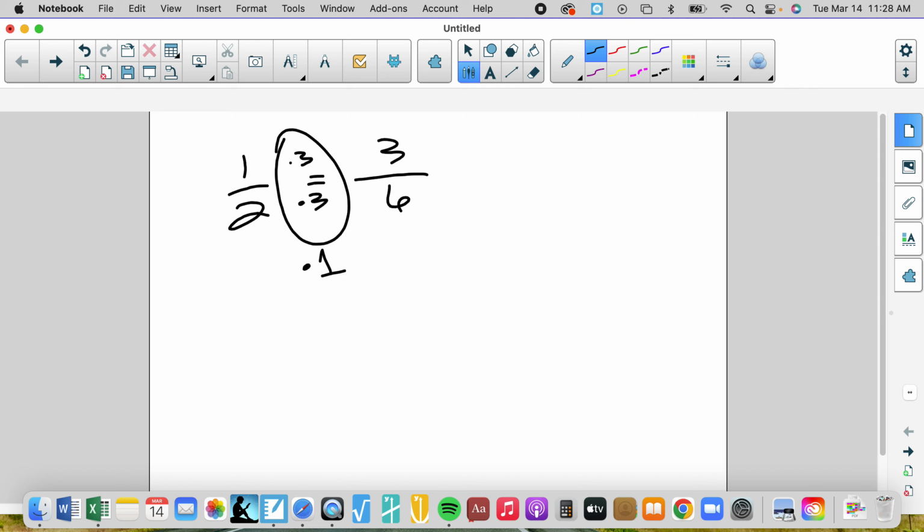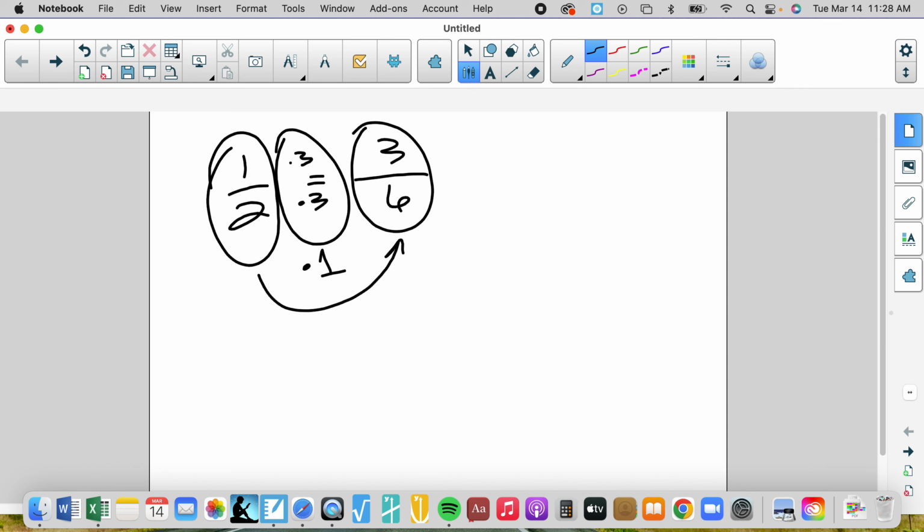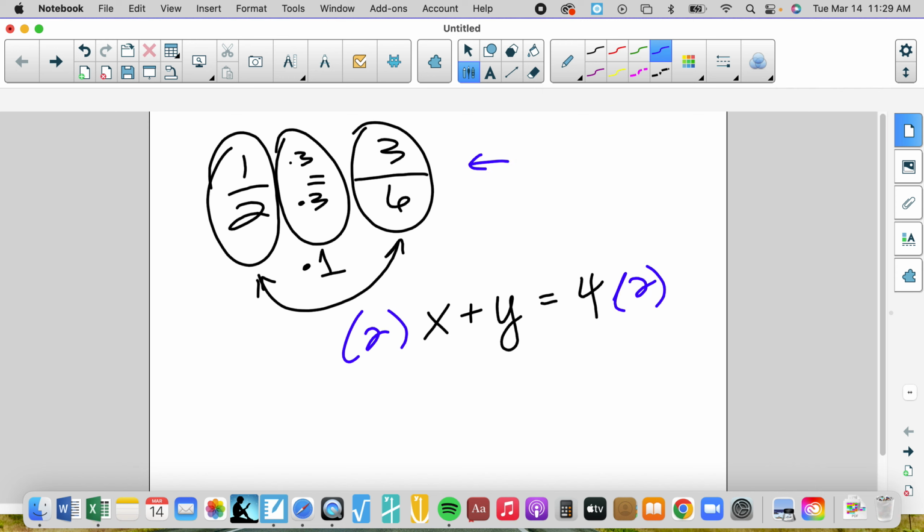So we know that 1/2 and 3/6 are equivalent to each other. That's a nice way of showing how we're going to create equivalencies. If we have an equation like x plus y equals 4, we can create an equivalent equation by multiplying everything by 2, much like we did in finding equivalent fractions.